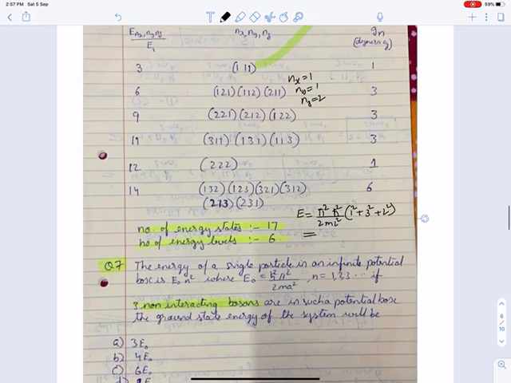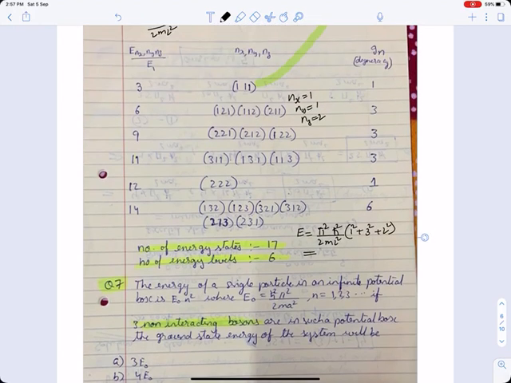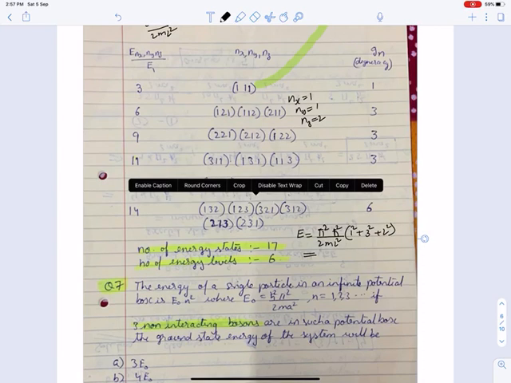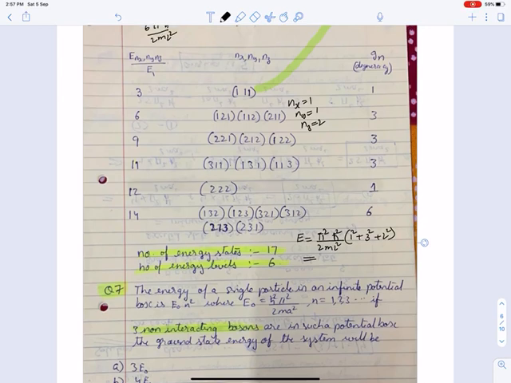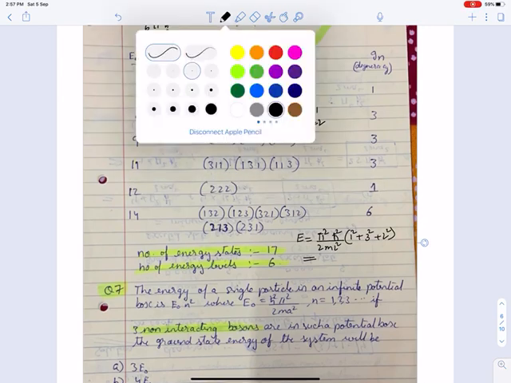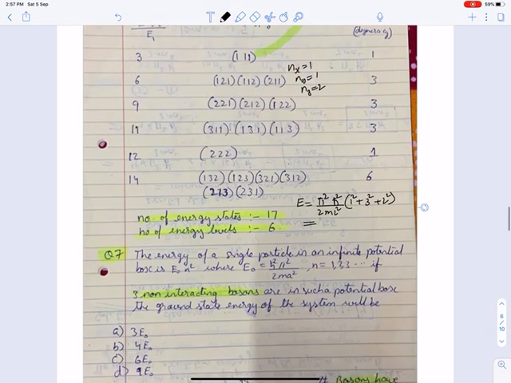So you'll get 14 pi square h cut square upon 2 ml square, 1 plus 9 plus 4.